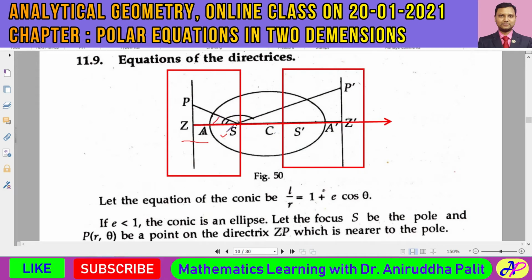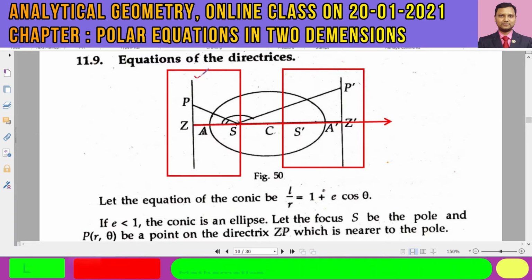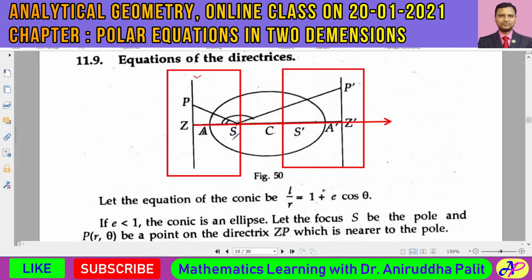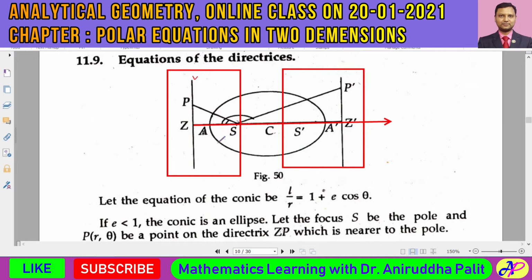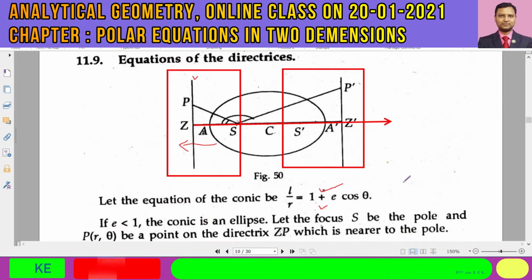Now let us try to find out the equation of the directrix whenever S is this focus and the direction of the initial axis is taken as the left side direction. And because with respect to this S, the nearmost directrix and this direction are both in the same direction, that's why they have taken the plus symbol over here. L by r is equal to 1 plus e cos of theta.